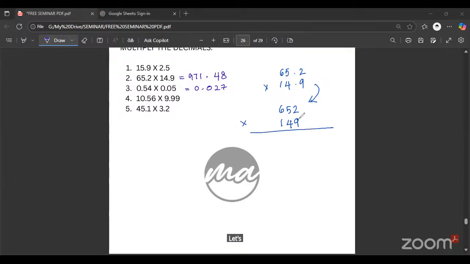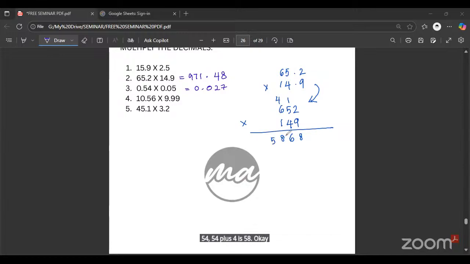Let's do the working. 2 into 9 is 18. So 8 comes here, 1 goes over here. 5 into 9 is 45. 45 plus 1 is 46. So 6 comes here, 4 goes over here. 6 into 9 is 54. 54 plus 4 is 58.